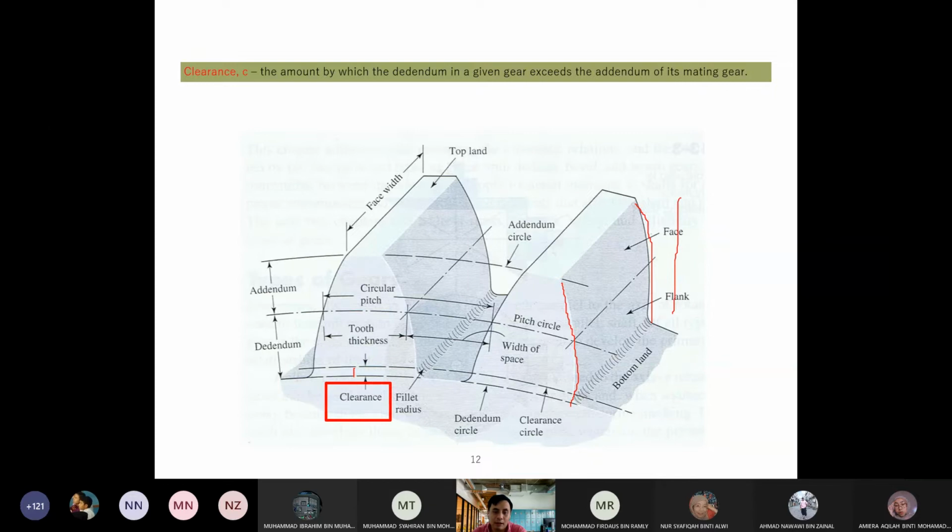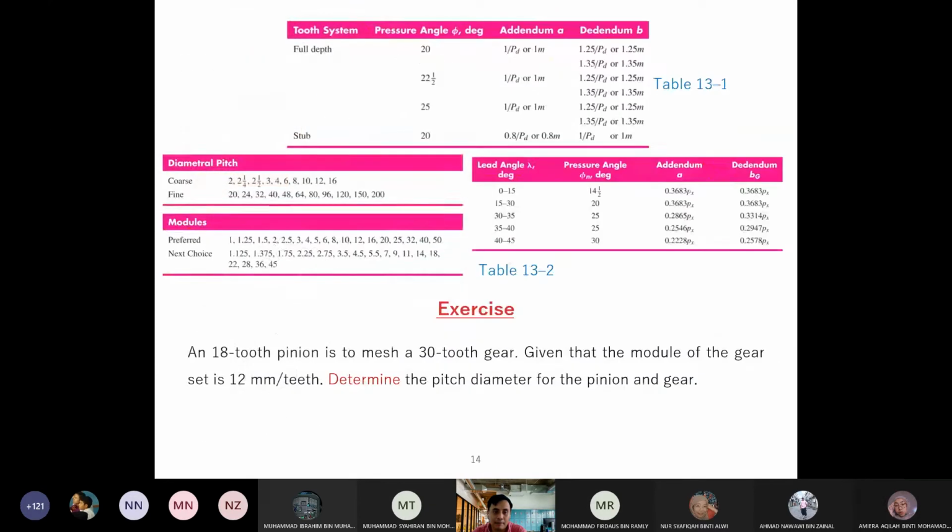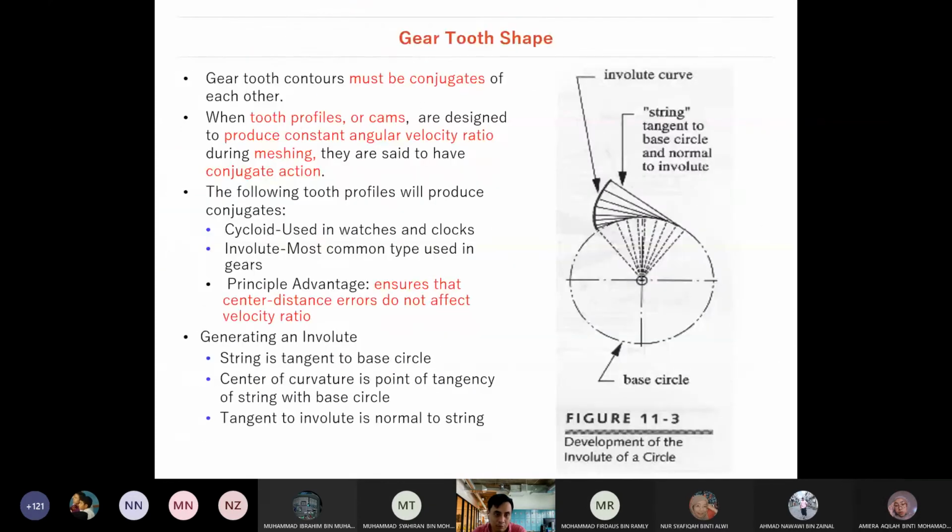That's why this slide came. If you look at the first statement, it says here, gear tooth contours must be conjugate of each other. Apa maksud conjugate?